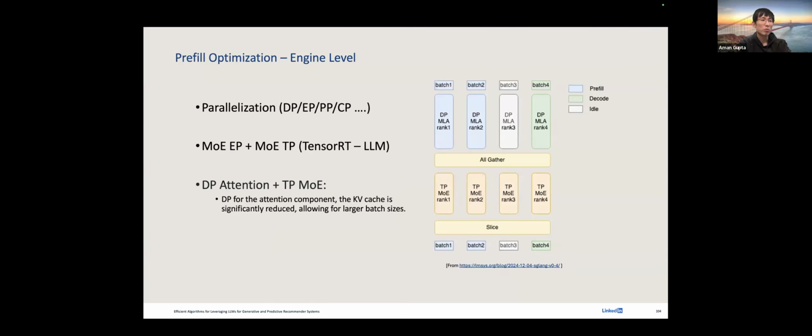Another piece, probably the most important, is optimizing the parallelization strategies. Since we have already covered some, and this is probably too big a topic to discuss, I want to mention one specific MLA case here. In MLA, we can adopt a data parallel paradigm for the attention layers and an expert parallel paradigm for the MoE layers. The technical reason why we don't use tensor parallelism here is that MLA compresses the multi-head attention structure into a multi-head latent attention structure, which reduces all heads into a single compressed KV cache per request.